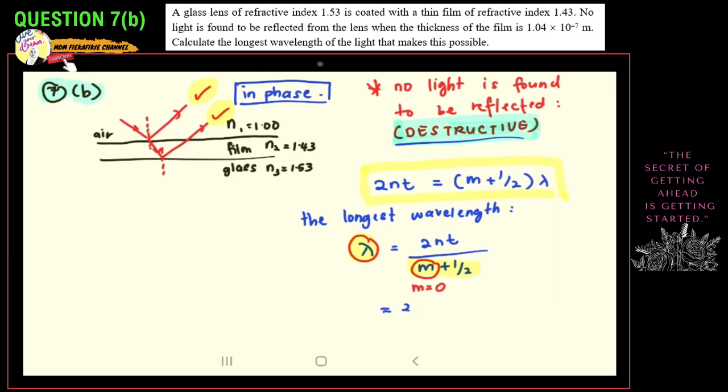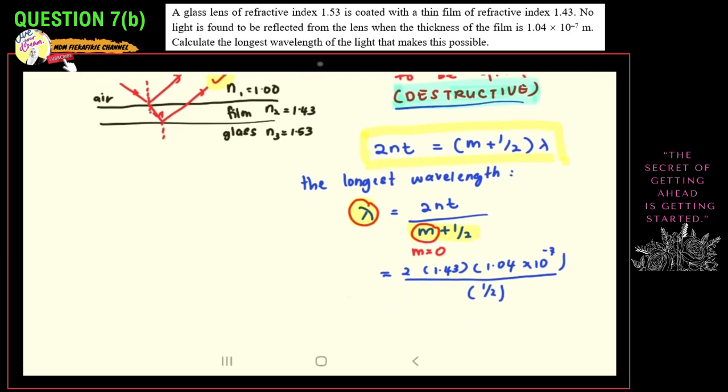Okay, so 2, n is the refractive index of the thin film. Alright, the coated film is 1.43, and this one t is 1.04 exponent negative 7, divided by, okay, m is equal to 0, so divide by half.